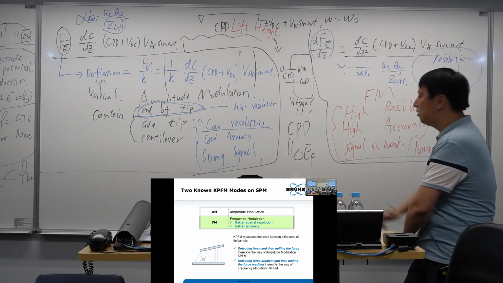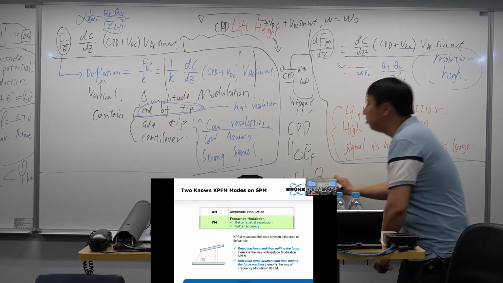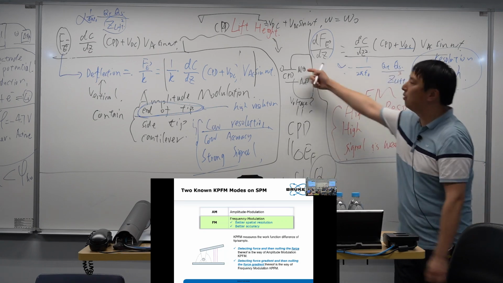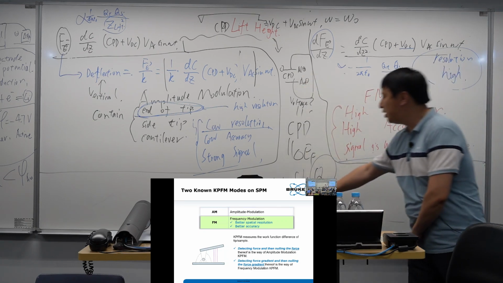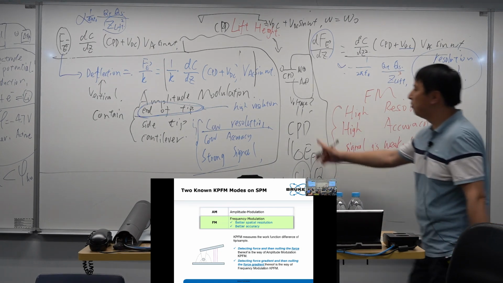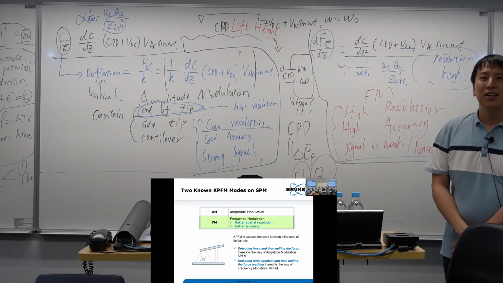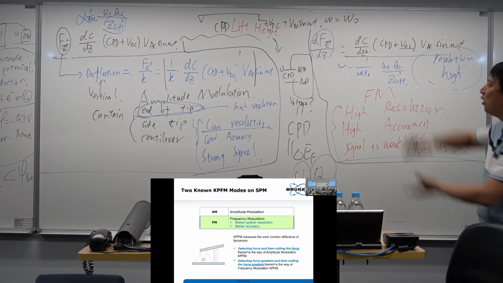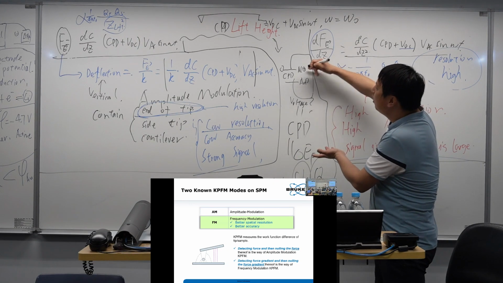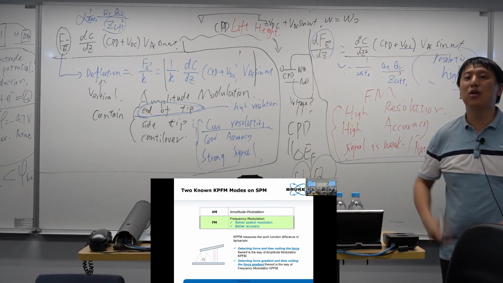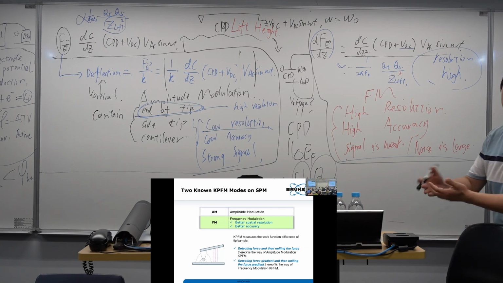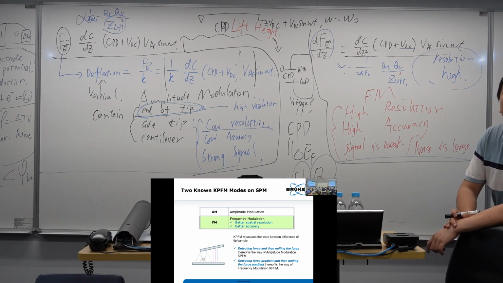The work is U times Q. You only change the quantity of charges on the plates. You do not change the voltage, because the voltage comes from the contact potential. So when you move the aluminum away from the gold, you only change the capacitor, you change the charges, but you do not change the voltage.